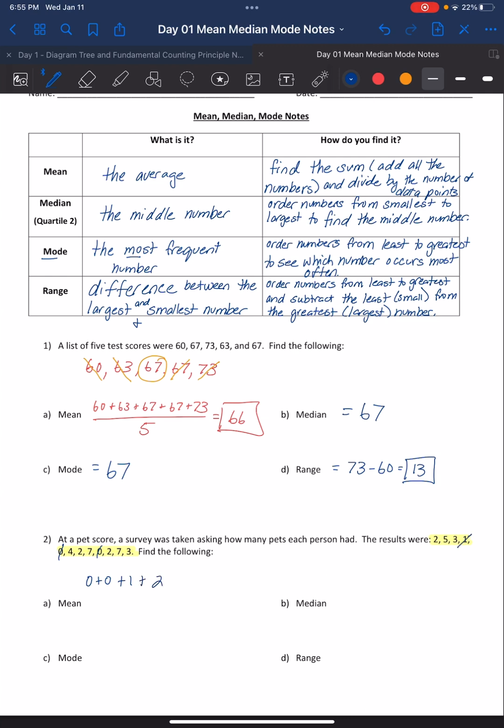Plus 2, plus 2, plus 2, plus I have a 3, plus 3, plus 4, plus 5, plus 7, plus 7.